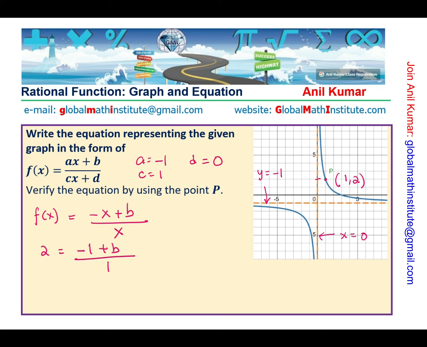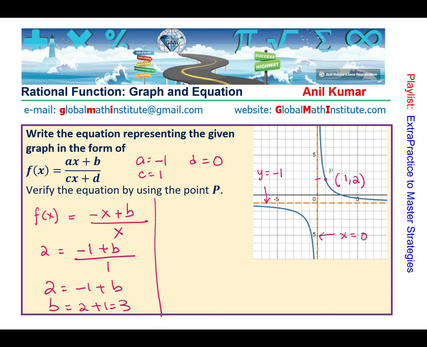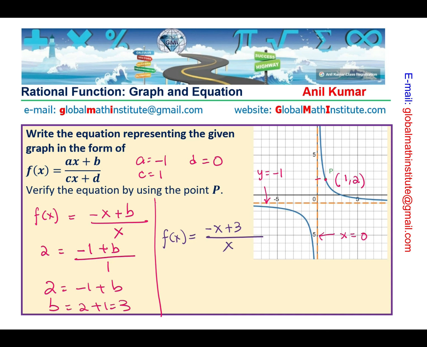So basically, we are given 2 equals minus 1 plus b, or the value of b is 2 plus 1, which is 3. And therefore, we can write down our function. So the function f of x is minus x plus 3 over x. Makes sense. So that is how we are going to write our equation.